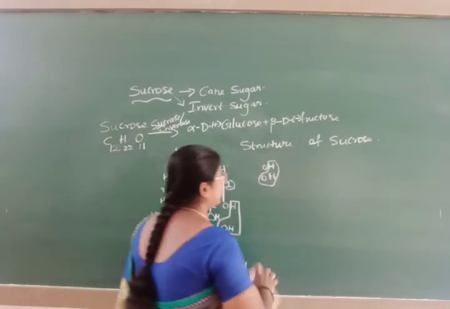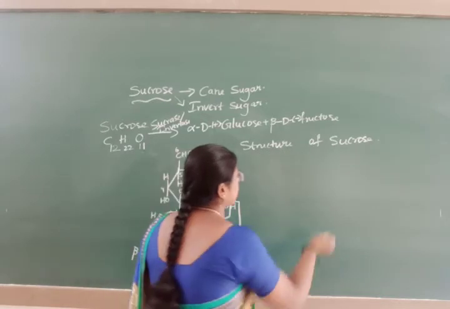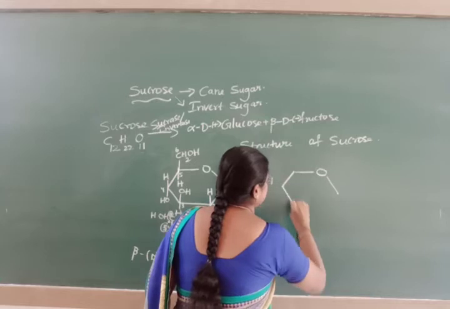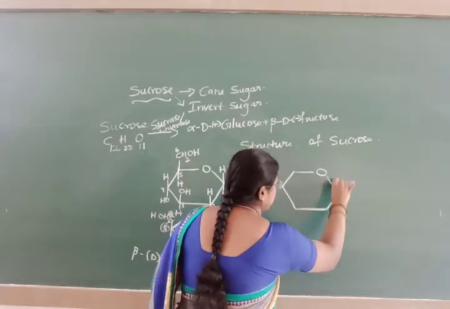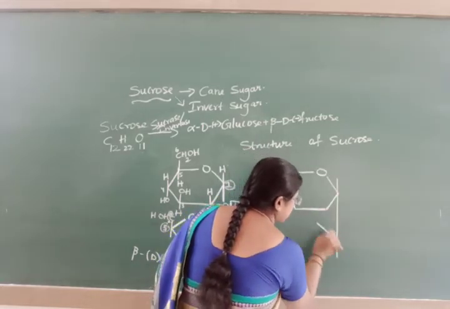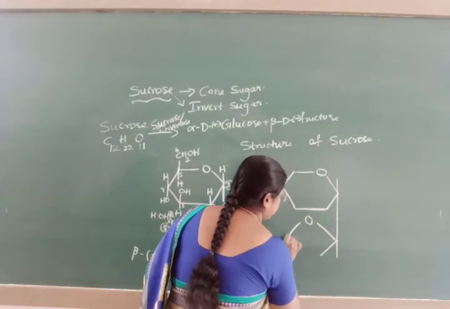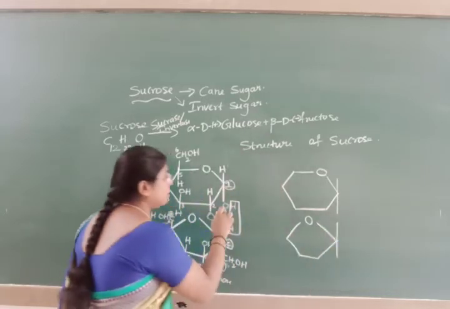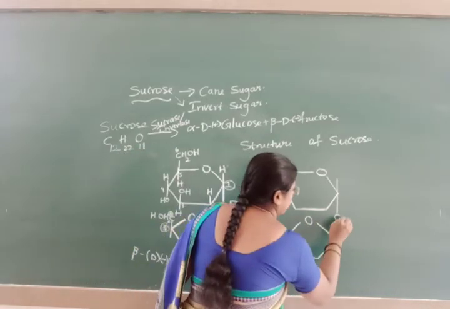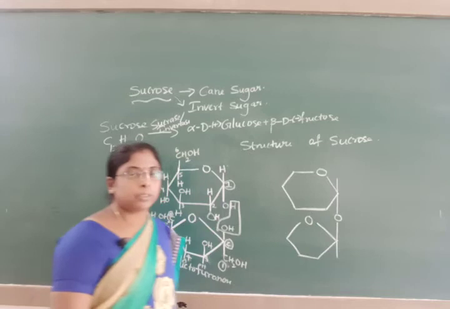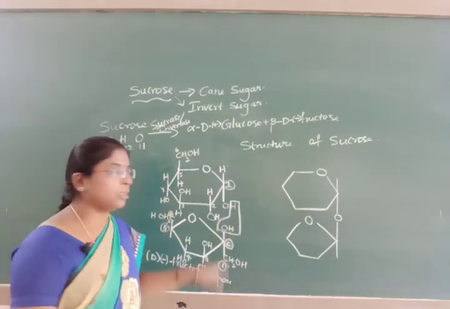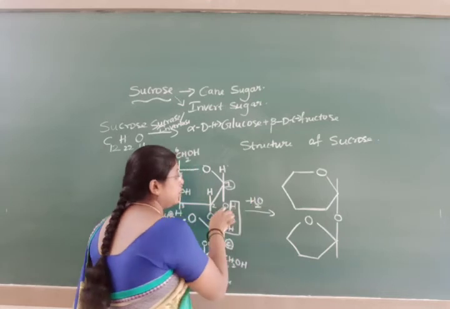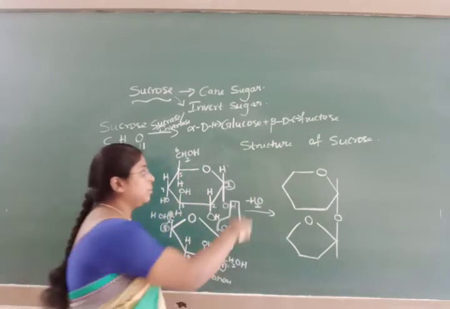I can write the Haworth structure: the pyranose structure for glucose and the furanose structure for fructose. Between these, a glycosidic linkage forms with the elimination of a water molecule. Only one oxygen remains.